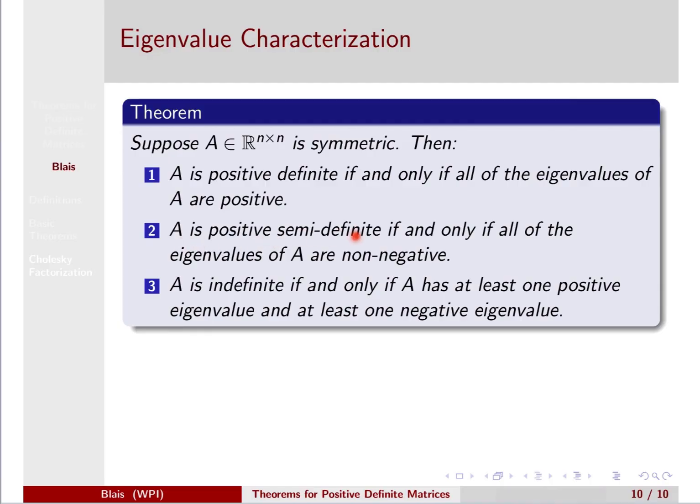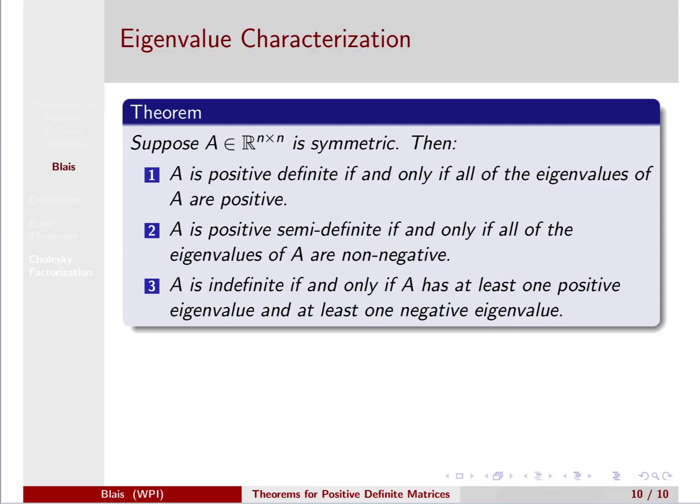A is positive semi-definite if and only if all of the eigenvalues of A are non-negative. And then A is indefinite if and only if A has at least one positive eigenvalue and at least one negative eigenvalue. So this is a really nice way to characterize a symmetric matrix being positive definite, and this is a quick check.